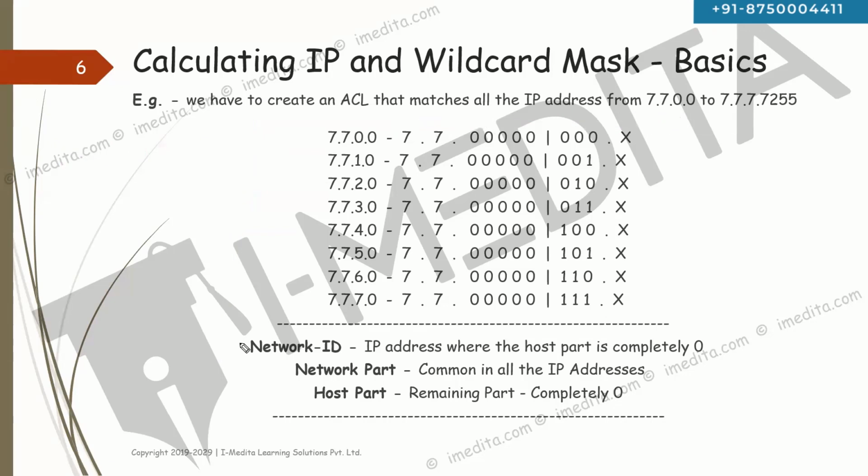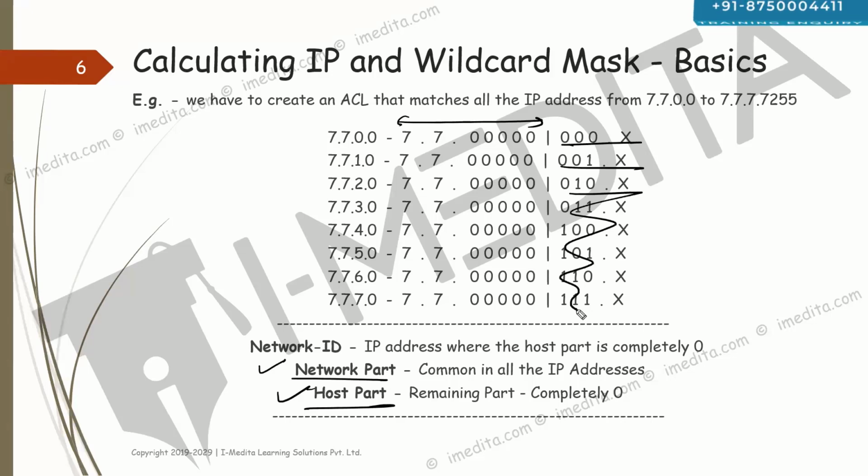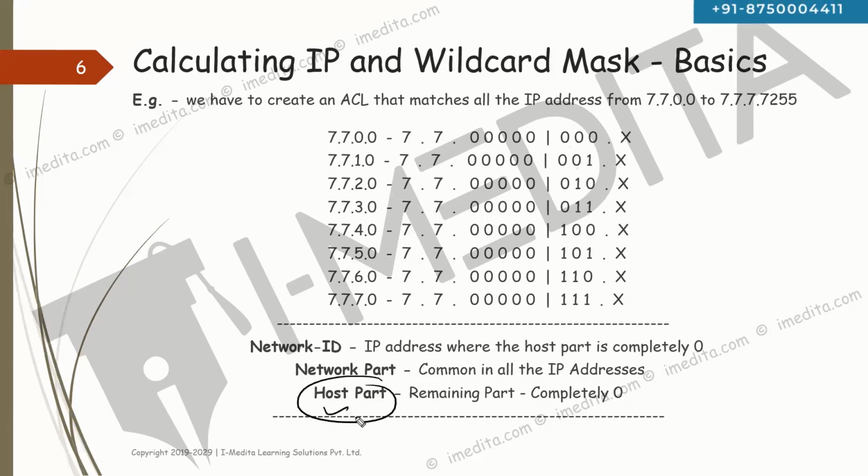So first of all, I'm going to write down the given range into binary. Then I'm going to find out how many bits are exactly the same. The bits that are exactly the same, we are going to consider as the network part. And the part that is changing, like the last bits, we are going to consider as the host part.